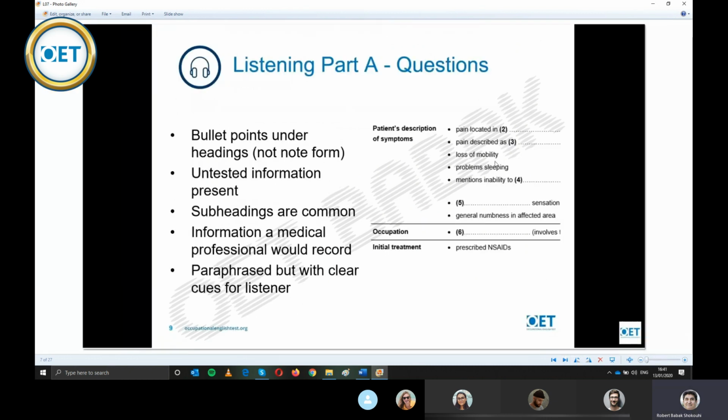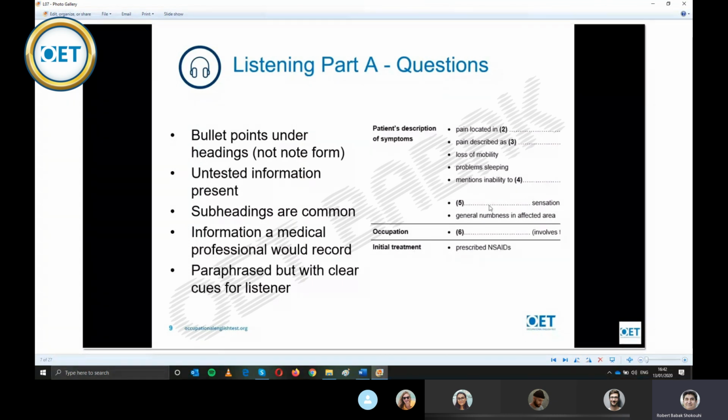Now, usually you have bullet points and some cues. Basically, patient's description of symptoms. You see pain located in, what should be right here? The location of the pain. Pain described as what? The nature of the pain. Mentions inability to do something.